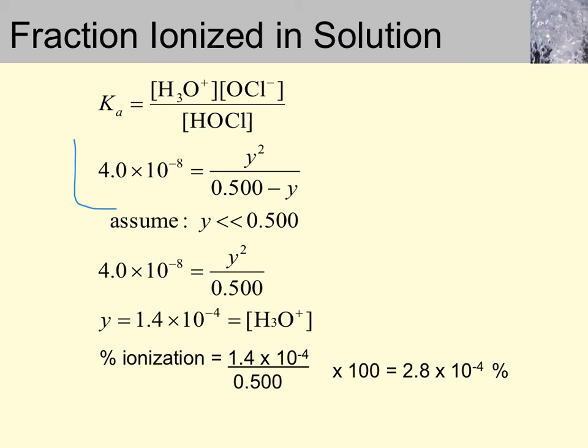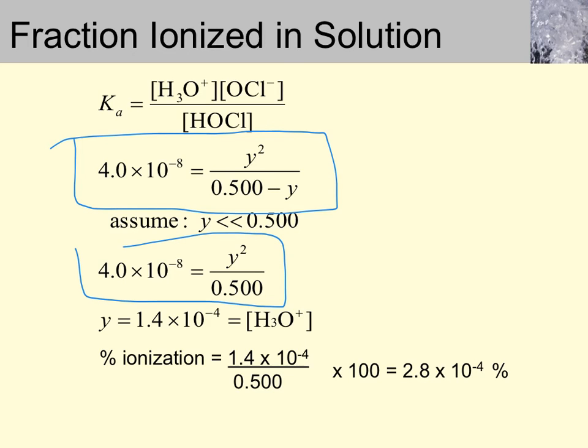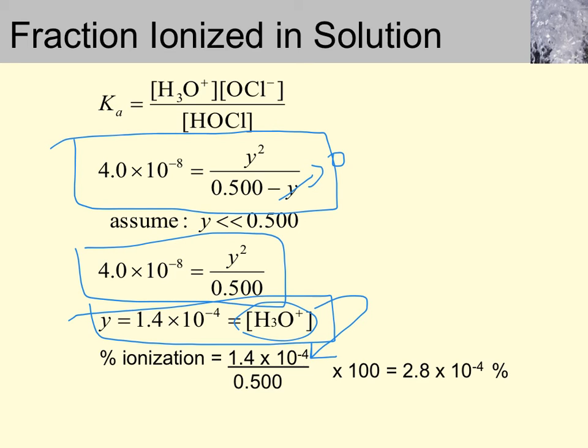All right, so here's plugging everything we know into the equilibrium expression. Simplifying by neglecting the Y. Solving for Y. Okay, and then taking that hydrogen ion concentration, plugging it into the percent ionization formula, and wow, this is not right.